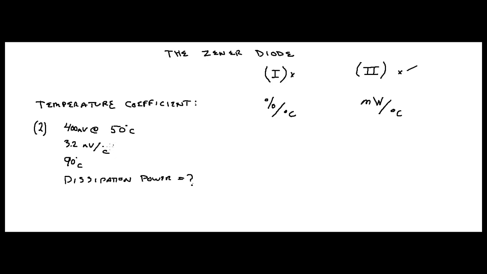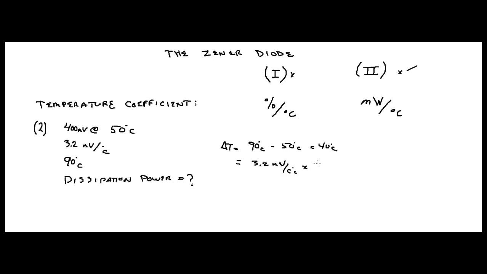So the delta T here is 40, right? Delta T equals 90 degrees C minus 50 degrees C equals 40 degrees C, right? So your temperature has increased by 40, right? And we know that we can dissipate 3.2 milliwatts per degree C, right?